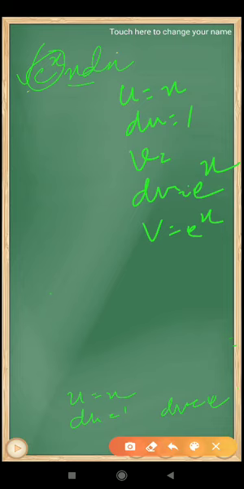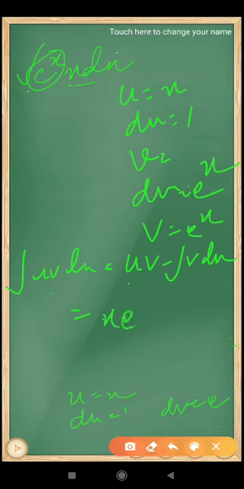Now in this formula, integration of u into dv is equal to u into v minus integration of v into du. Here u is equal to x, v is equal to e to the power x, minus integration, you put the integration sign again as it is, and v is nothing but e to the power x again. Then du is nothing but 1 into dx.